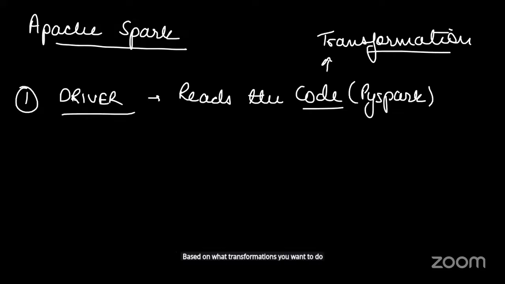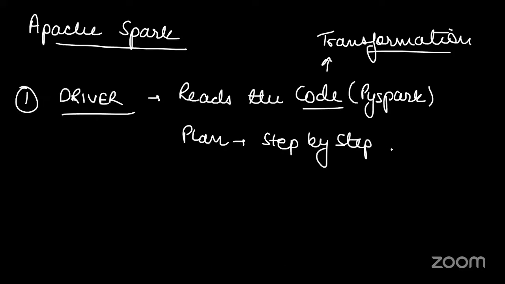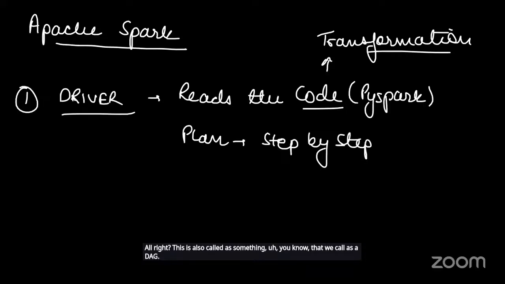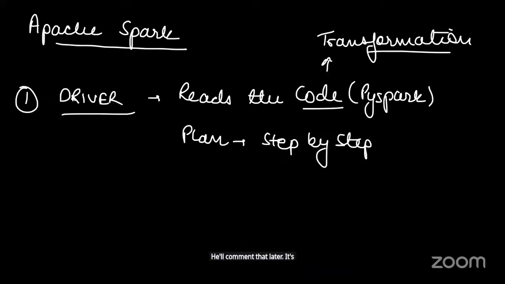It will create a logical plan, a step-by-step plan. This is also called a DAG. We'll come to that later. It's a directed acyclic graph, right? Now, let's say your program is very simple. It will first read the data from all the files.